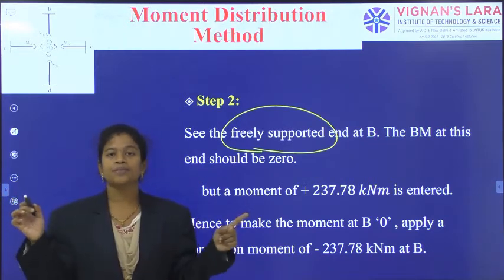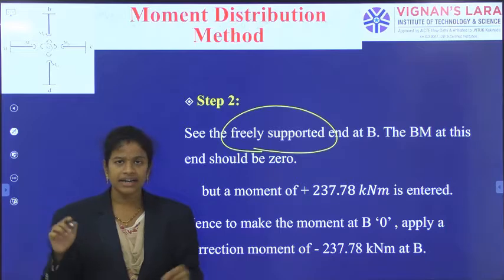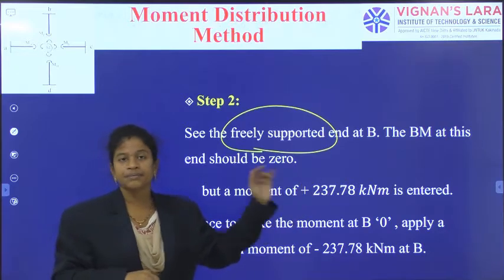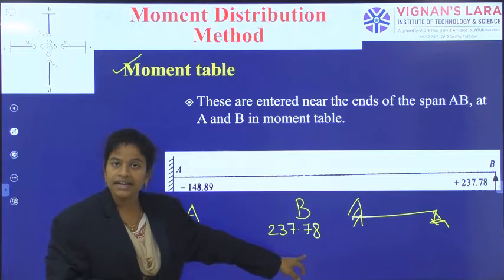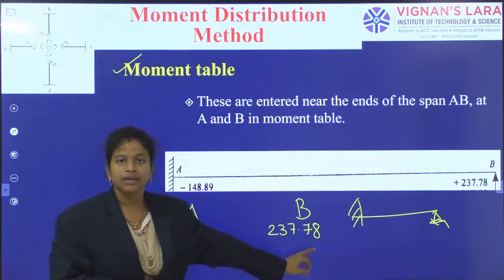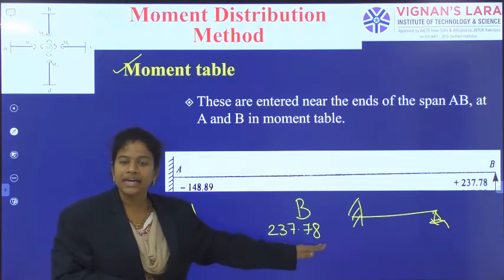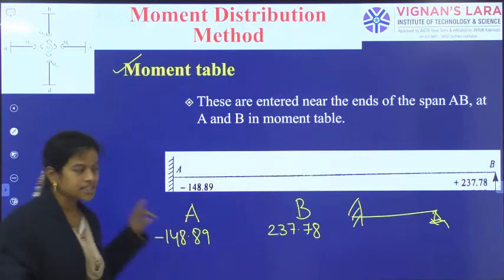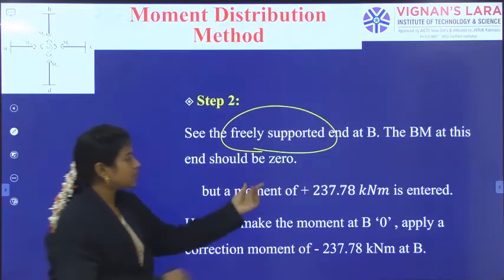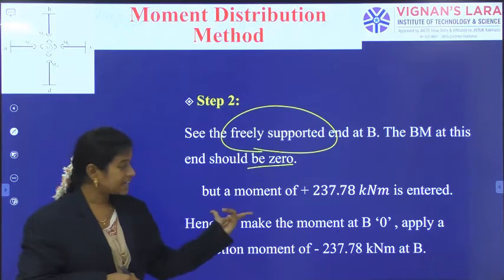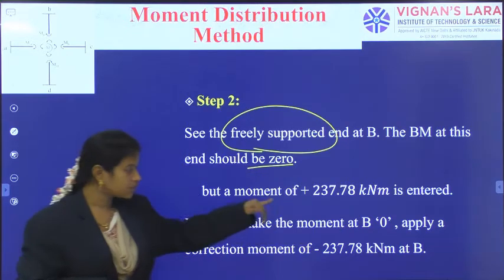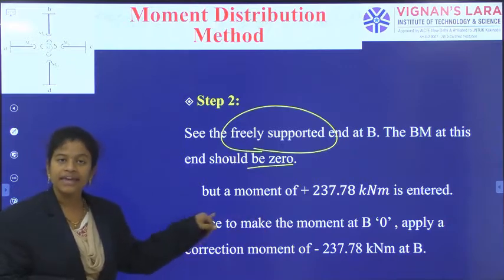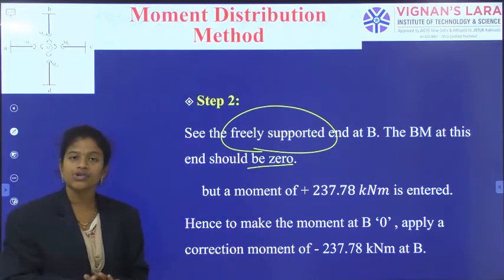If there is any freely supported end, we should indicate it. Being a fixed end beam, it will have some moment, which I have taken because it is a fixed end moment. But originally, B is not the fixed end, so it should have 0 moment. But it is having plus 237.78 kilonewton meter, so that value should be made equal to 0. What should we do?